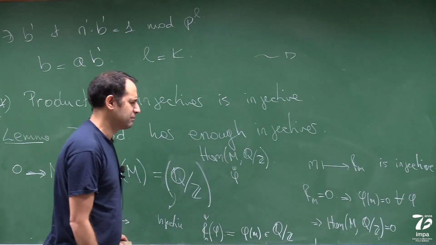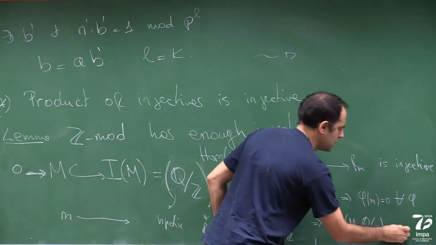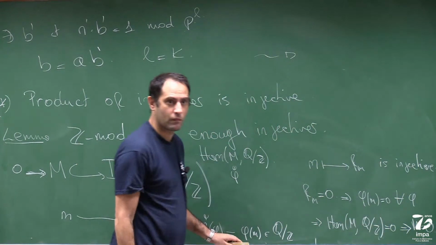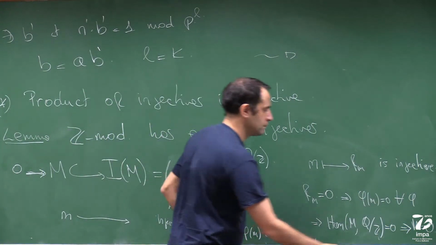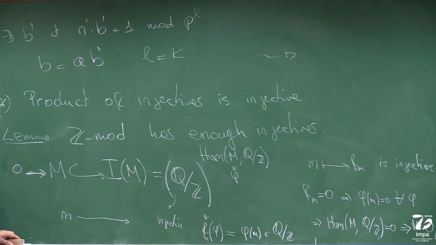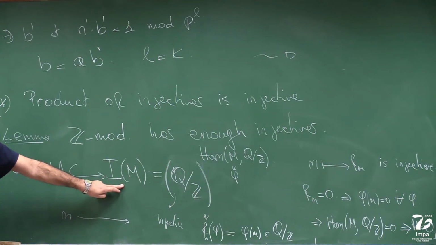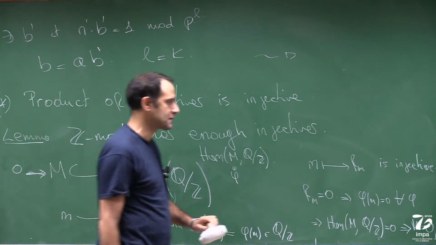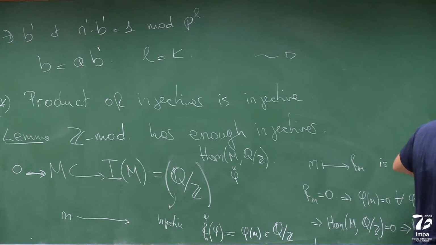And probably last class or the previous one, this implied that M is equal to 0. So for every abelian group, we constructed an injection into an injective object. So the category has enough injectives. I mean, it's a huge beast, but it works.